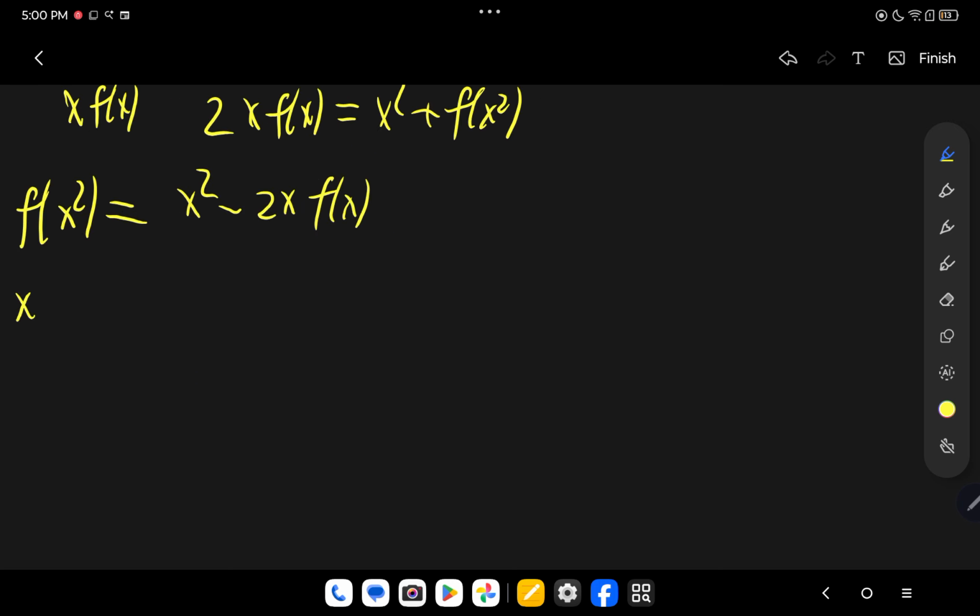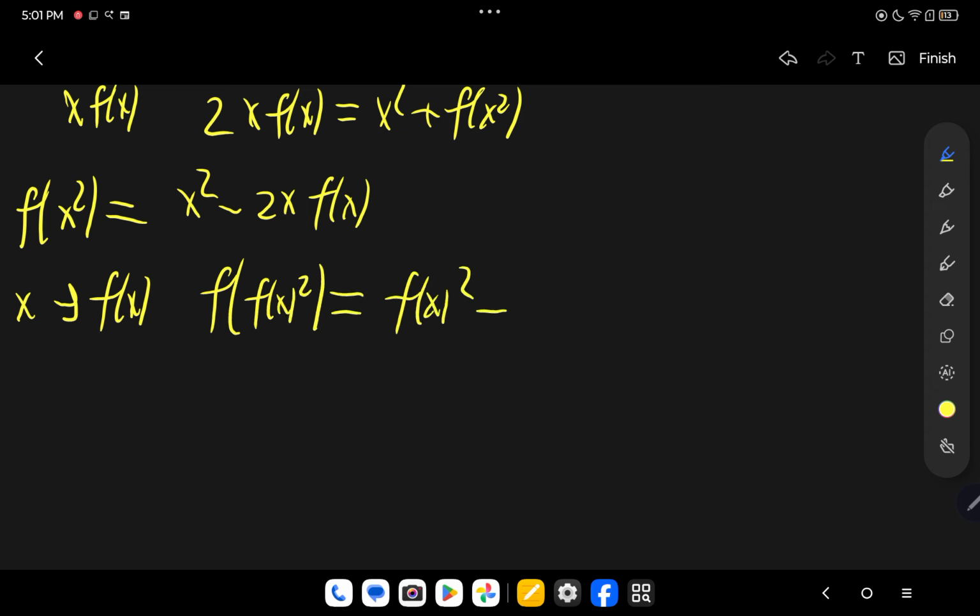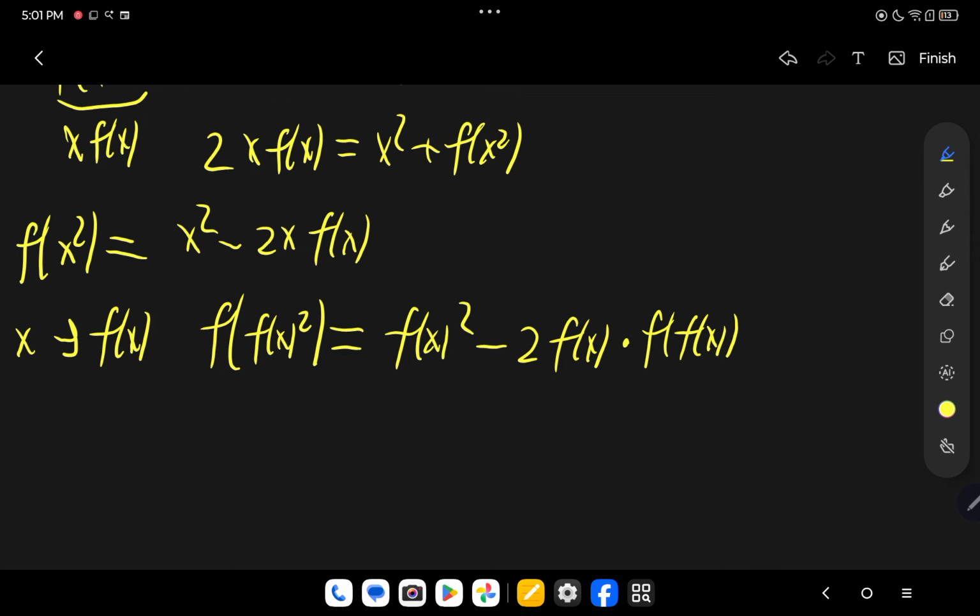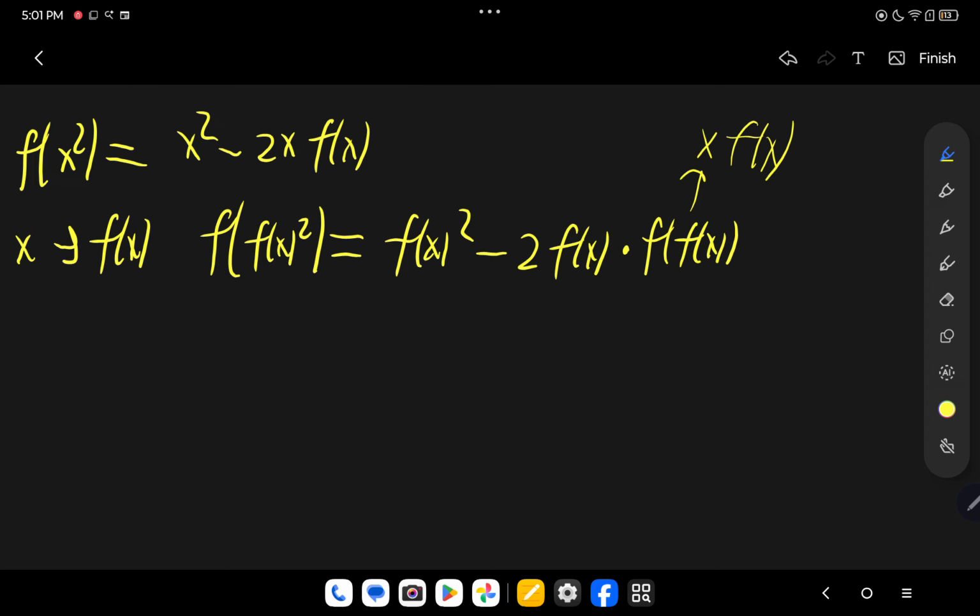We will replace x with f(x), so we will get f(f(x) square) is equal to 2 times f(x) times f(f(x)) minus f(x) square. But we know that this is equal to x f(x).